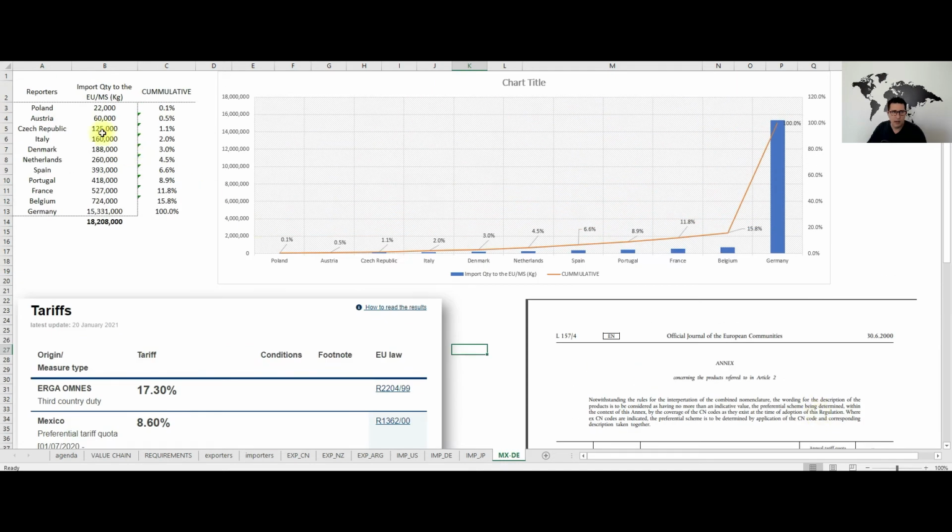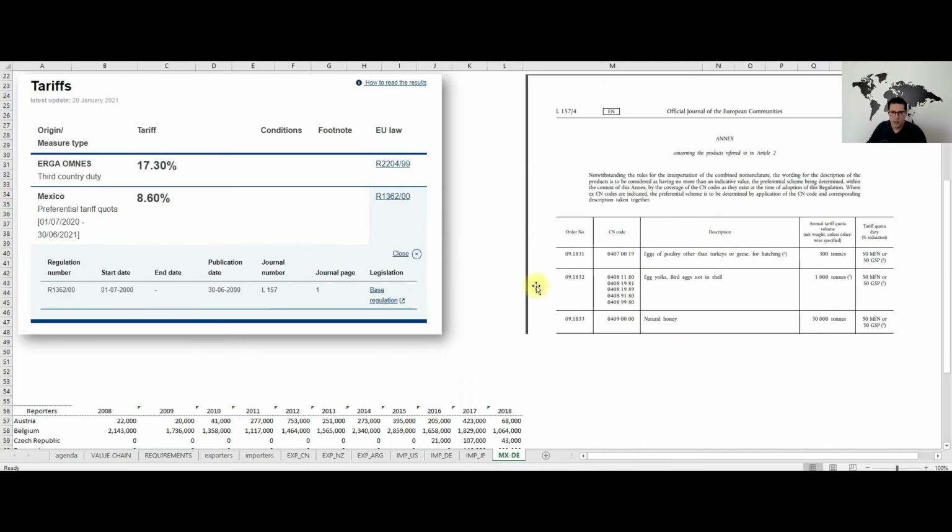Here on the upper left side of the screen, we see the trade data for 2019 for honey imported into the European Union from Mexico, and we see that Germany had almost 85% of the total share, and this is not just for 2019.